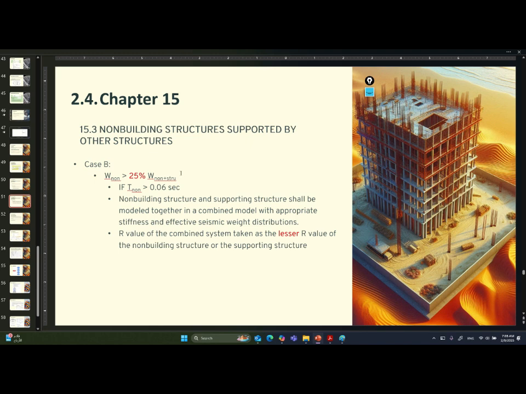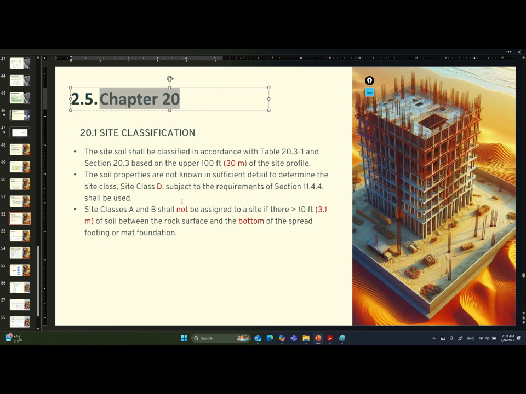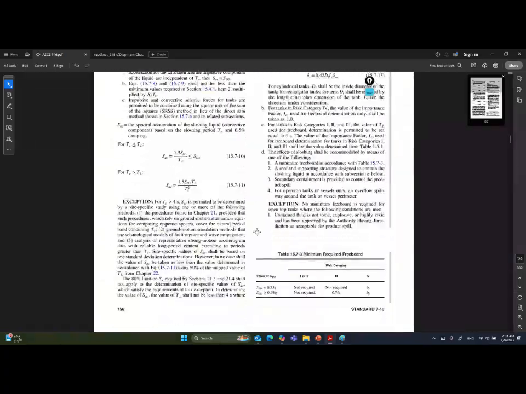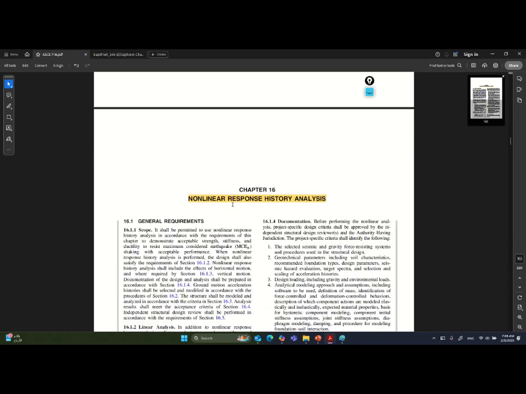That is one that we already talked about. So let's go now and talk about chapter 20. As I told you at the start of this session, we are going to determine what site class we have. Before this chapter, we will have to pass a lot of chapters, like nonlinear response analysis.